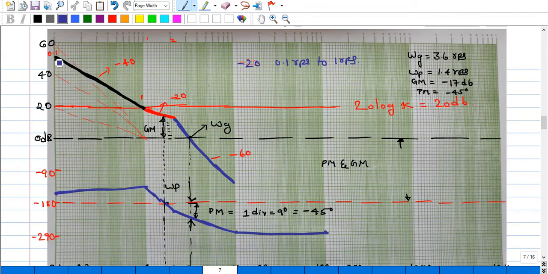You can notice we have drawn from 0.1 to 1 RPS by considering this point. I hope you can see that by considering this point as a reference, you can draw a line parallel to this 20 dB line, that is minus 20 dB per decade, and just move towards here and draw here. So this point will be the reference point.